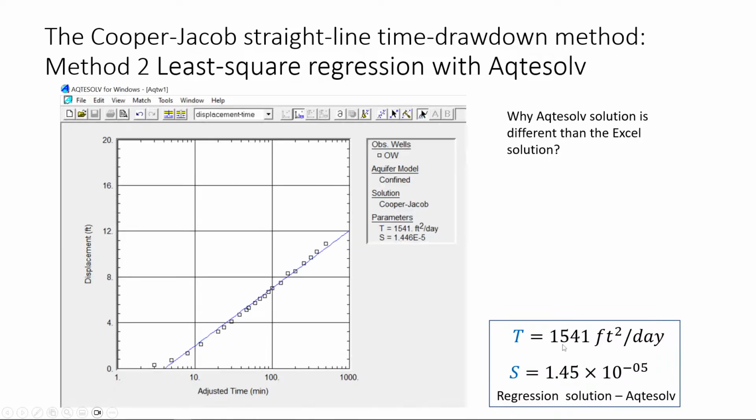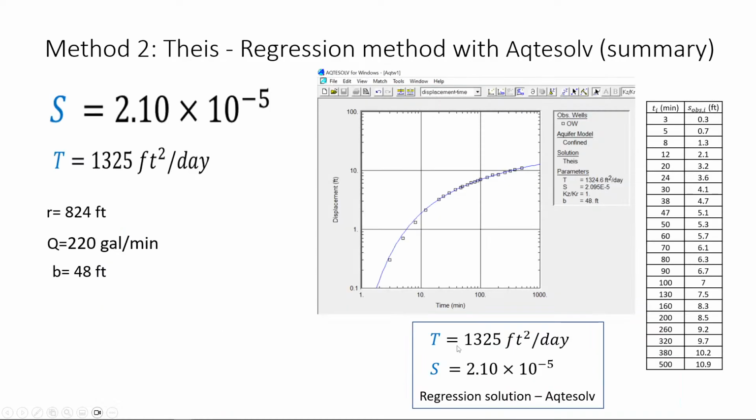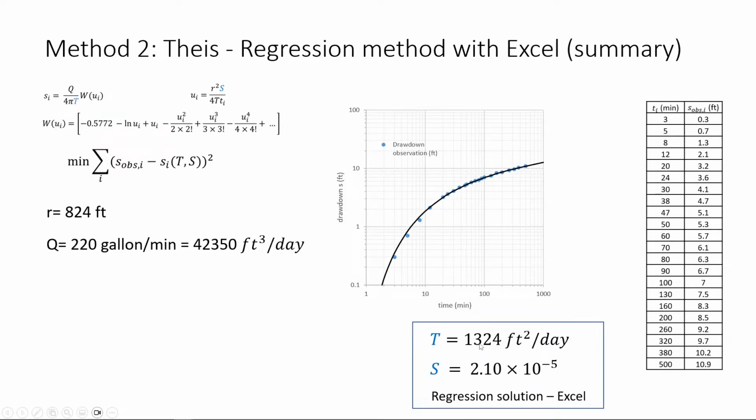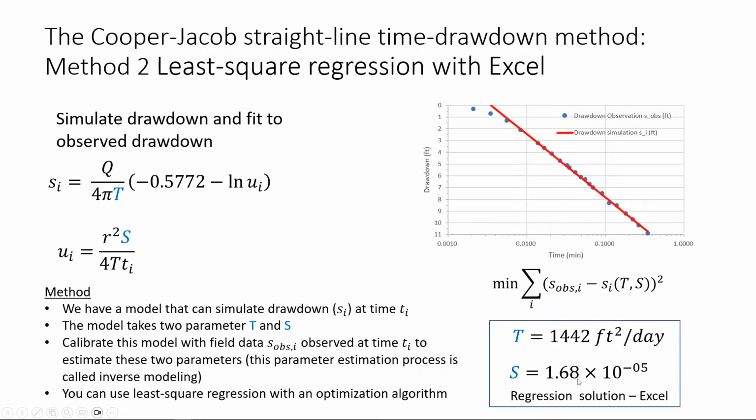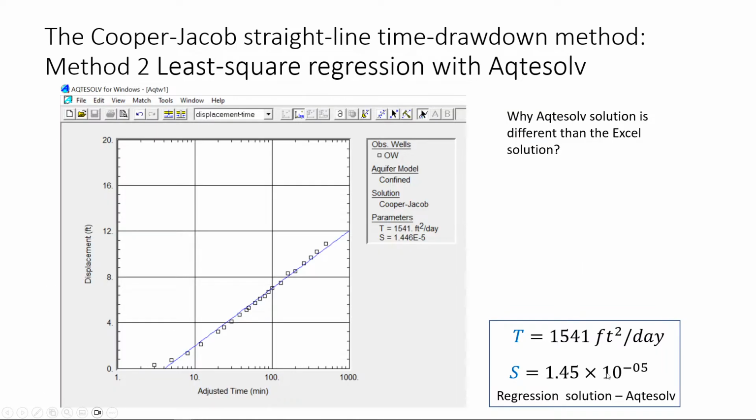So you see, they are all very similar. Like here, this is 1500, this is 1400, this is 1300, 1300. So again, these numbers are all similar, given the uncertainty of this problem. And here the S is the same order of magnitude. Usually we are just interested in the order of magnitude: 2.1 times 10 to the power minus 5, 2.1 times 10 to the power minus 5, 1.68 times 10 to the power minus 5, and 1.4 times 10 to the power minus 5. Same order of magnitude, and even the same digit here.